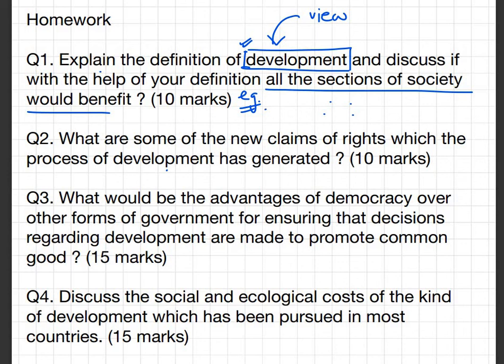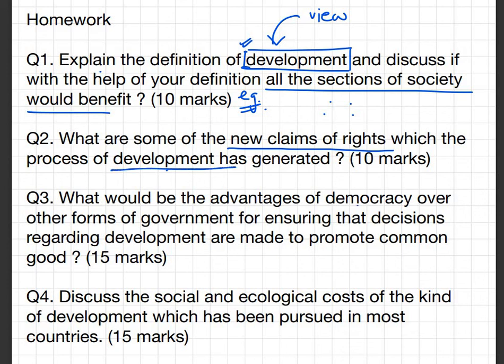Or increasing industrialization or increasing the materialistic way of life. In all this process of development, we are harming the environment, and that is why new claims of rights are coming up. Right to safe water, access to safe water, right to hygiene, etc. So you can mention those rights, why those rights are coming up, why those claims are coming up, okay, in the current process of development.